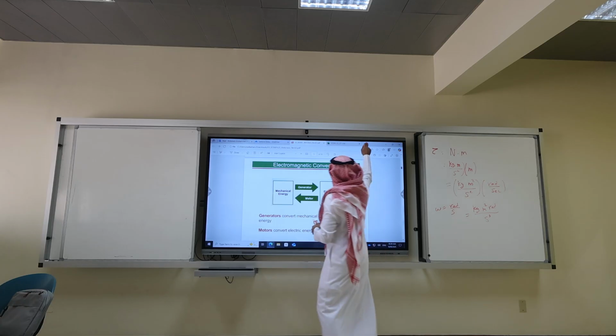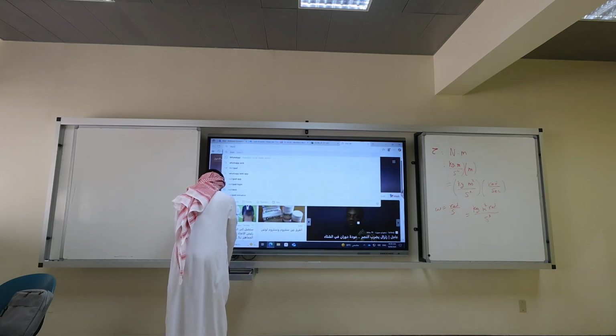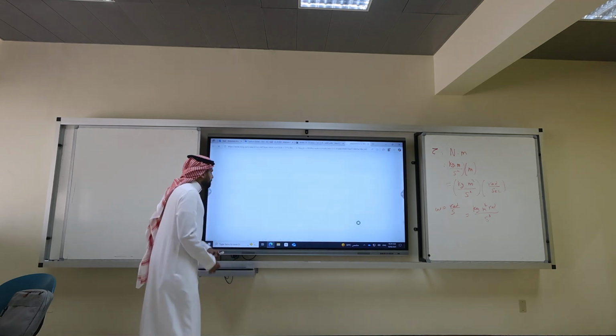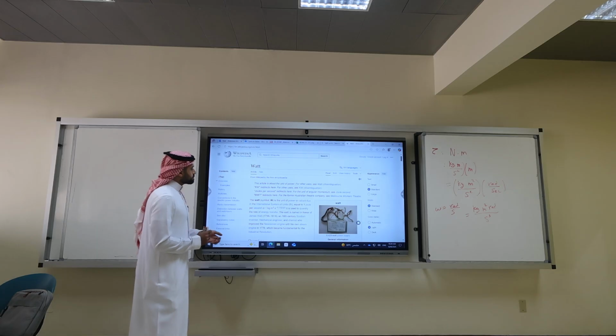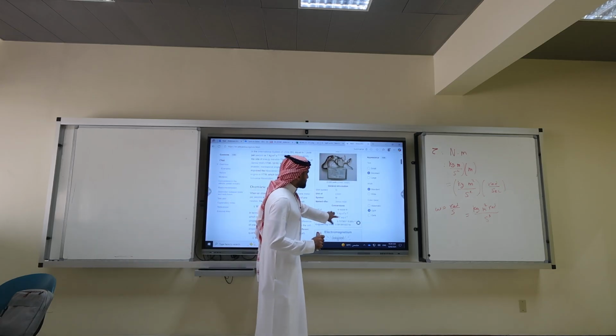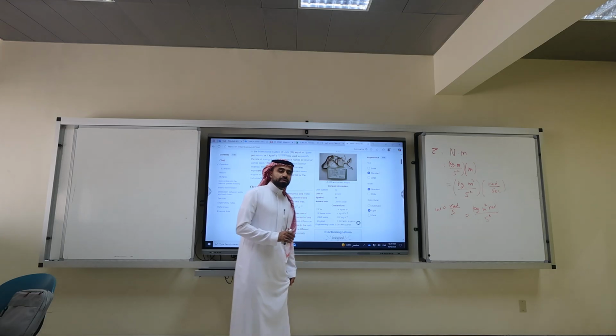Let's go to Wikipedia and look at the definition of watt. What's the unit of watt? Is it the same? Kilogram meter squared over second cubed. The only thing is I'm multiplying it by radian.